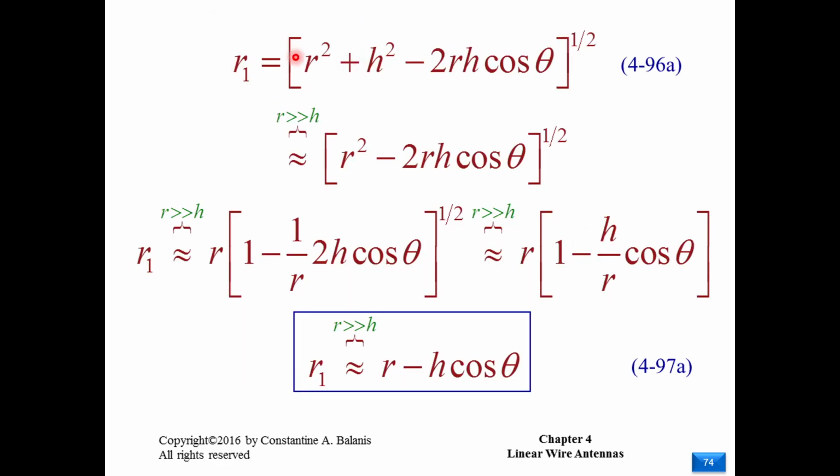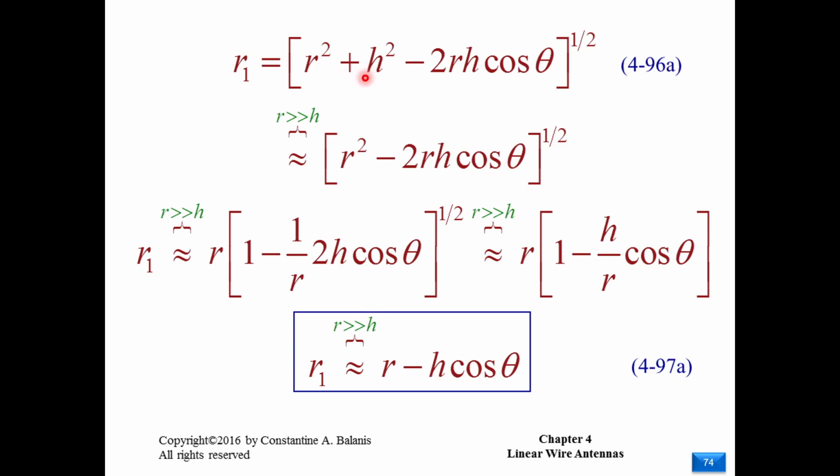If we write down the expression for R1, from the cosine angle law it would be R square plus h square minus 2Rh cosine theta, where theta is the angle between the position vector of the source and the position vector of the observation point.